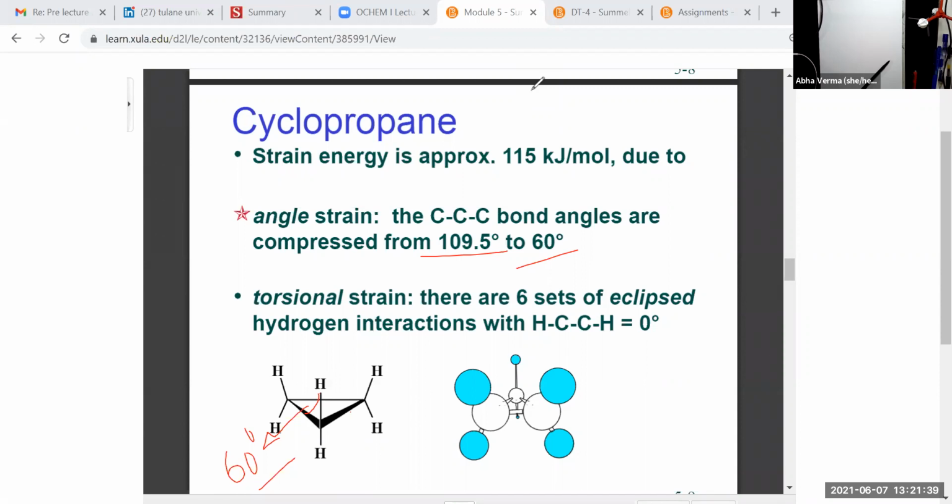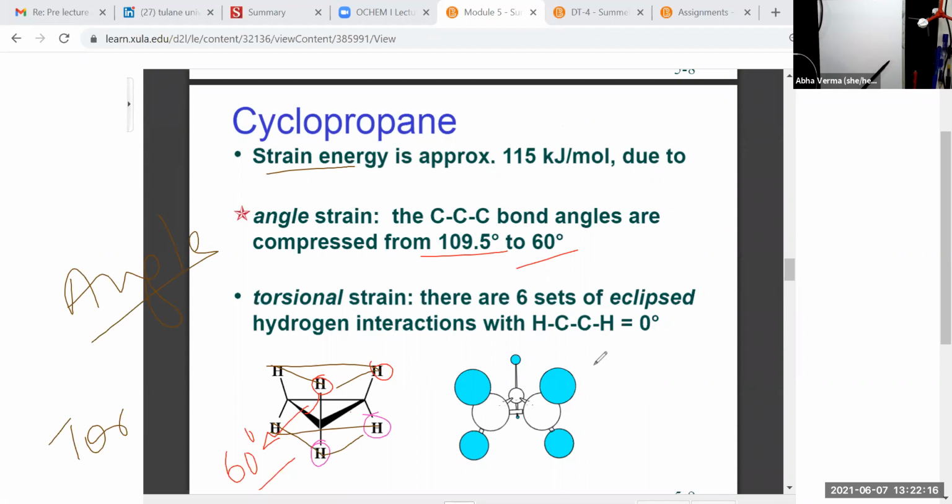And we also see that each and every hydrogen is eclipsing the other. So there is this one set, this one set, this one set, eclipsing each other. This set, this set. So 6 sets of eclipsed hydrogen interactions. So what all do we have here? We have a torsional strain, we have the angle strain, and the steric strain.